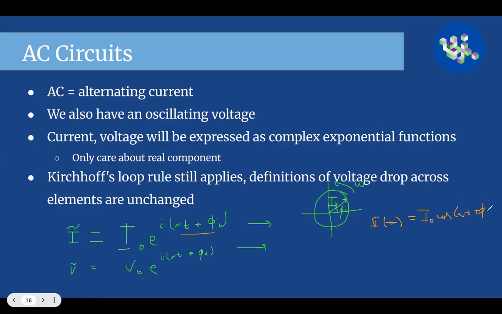So voltage will just be V0 times cosine of omega t plus phi V. But this phi over here is just, when I have time equals 0, what's the initial state of the current.